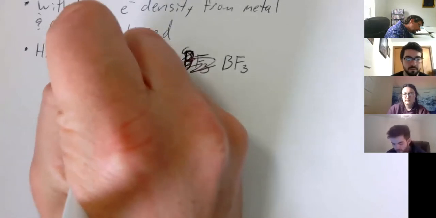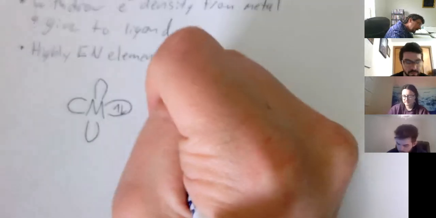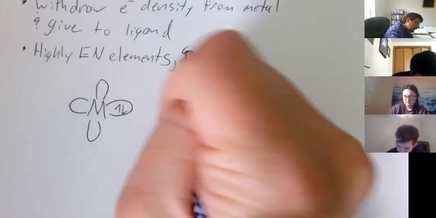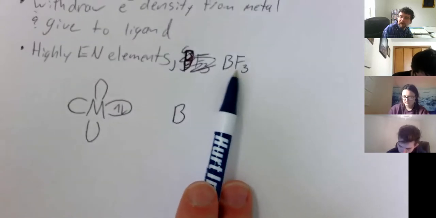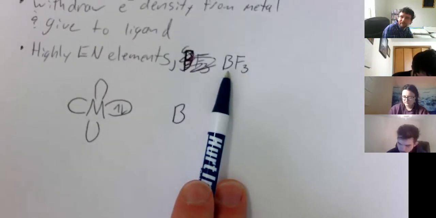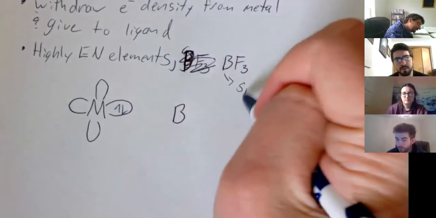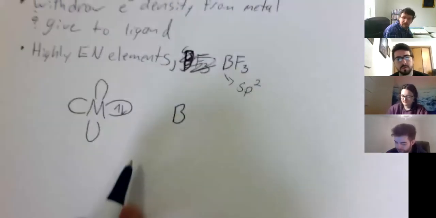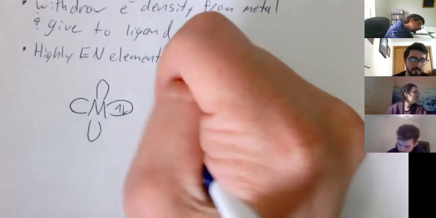So we got a metal. It's got some electron density. And then we got boron trifluoride. What is the hybridization of the boron in this system? SP2. Yep. So that means there's an empty p orbital that's just sitting out in space.